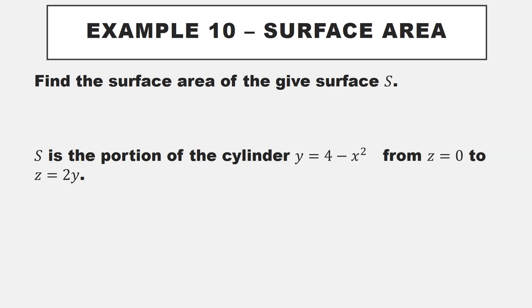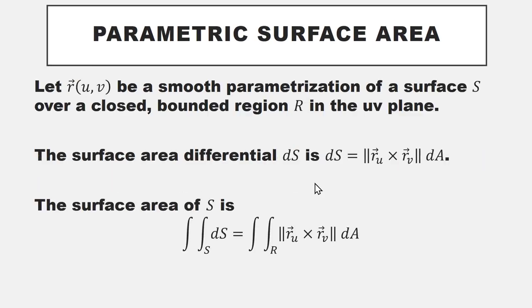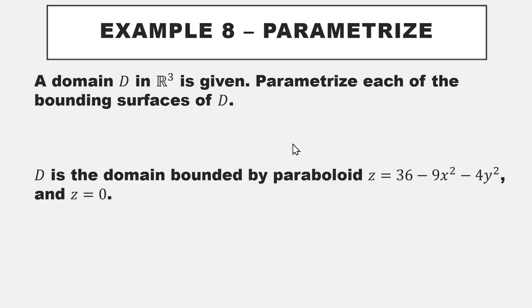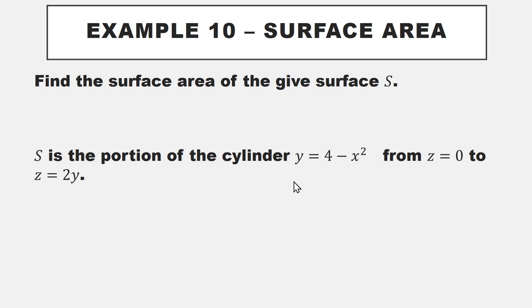If you remember, this was one of the three surfaces we did when we found parameterizations for the bounding regions of a domain. So I'll just use that parameterization that we found back in example 7, and we'll use that to find the surface area of that surface.